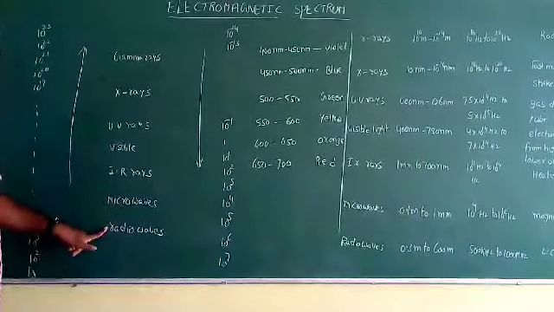See, gamma rays are first, the highest. Frequency is maximum and wavelength is minimum.